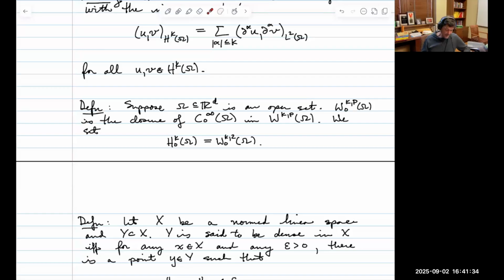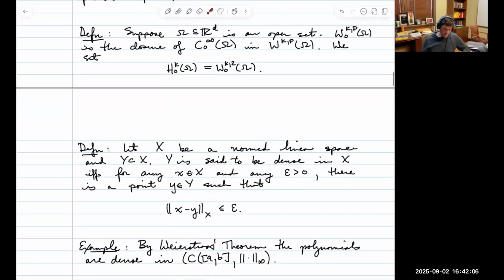W_0^{k,p} is this set, which is what we call the closure of C_0^infinity in W^{k,p}. If you've never seen the closure of a set before, we're going to talk about that. Whenever p is equal to 2, we have a special notation: H_0^k is the closure of C_0^infinity in the set W^{k,2}.